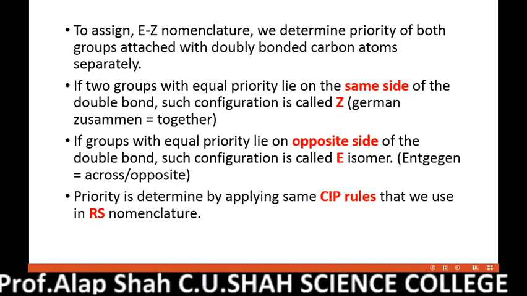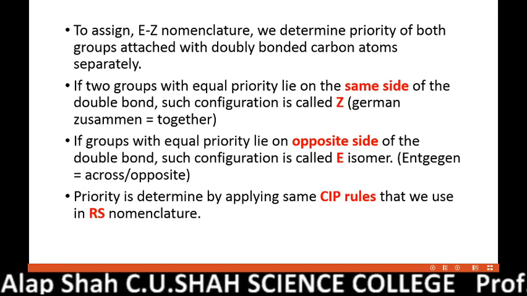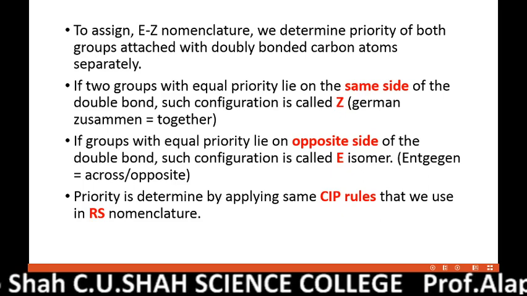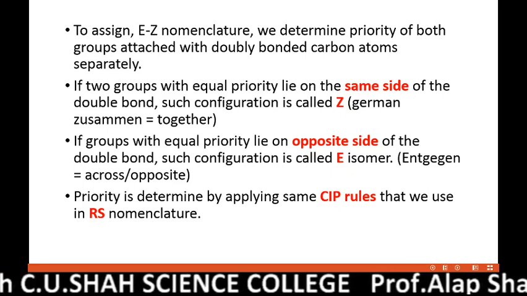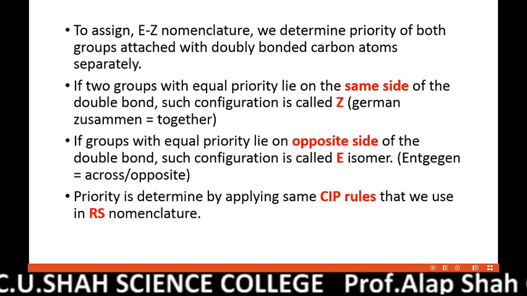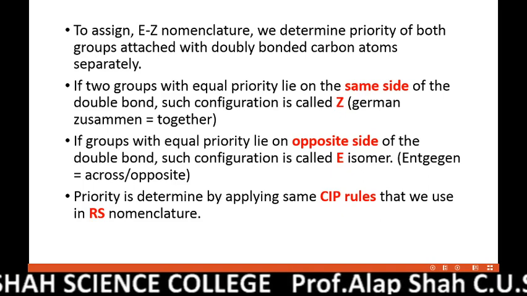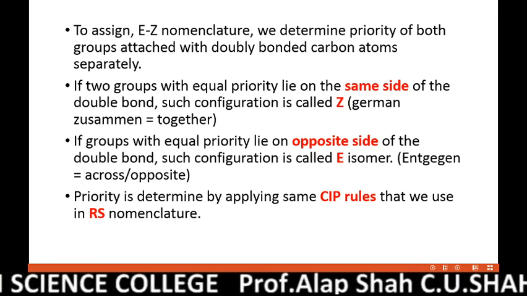Now how can the priority numbers be given? It is the same process which we follow in RS nomenclature. Let me remind you, in RS nomenclature, we give 1 to 4 priority to the 4 groups attached to a chiral or asymmetric carbon by using CIP rules.